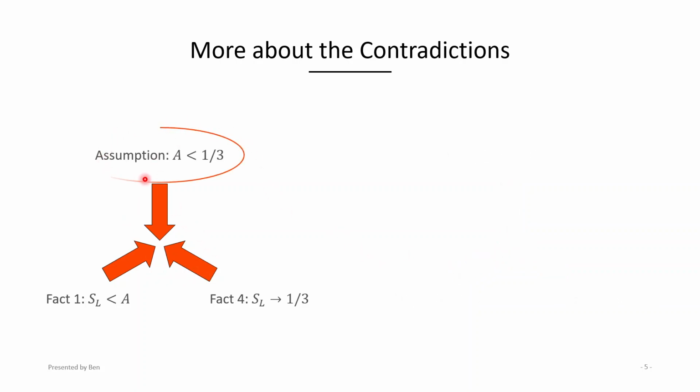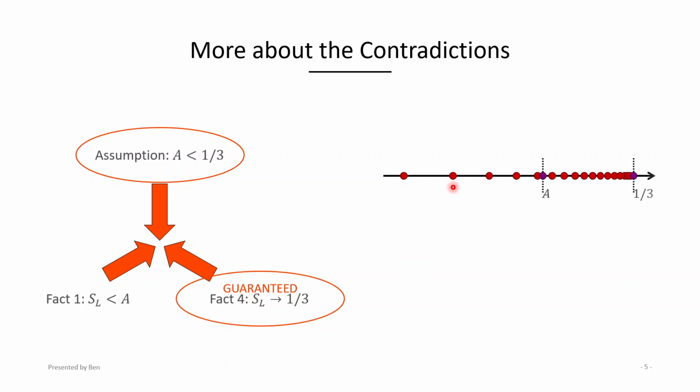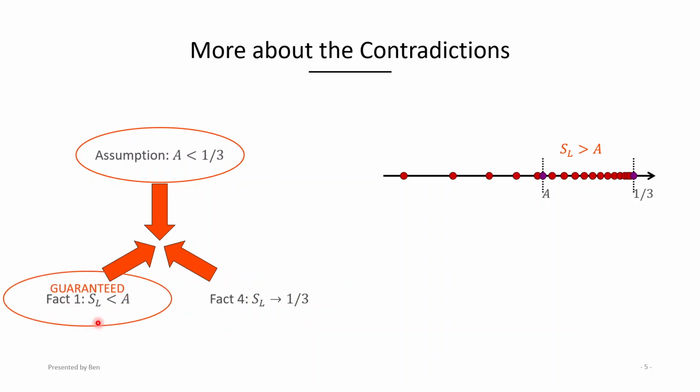With this assumption, if we guarantee fact 4, if we allow SL to go arbitrarily close to this fraction, we will have this, right? As shown in the proof, we will have SL values greater than A. We have to give up fact 1. And now suppose if we go the other way, if we guarantee fact 1, what will happen?